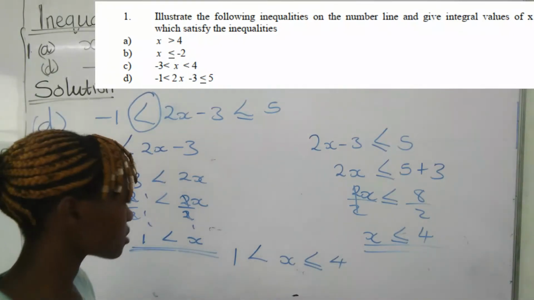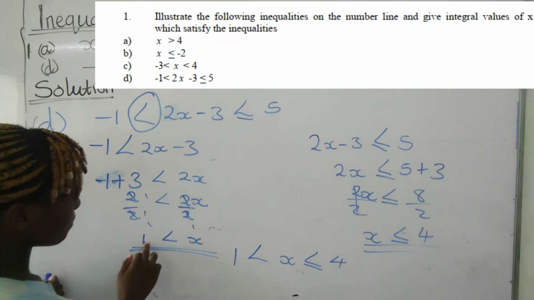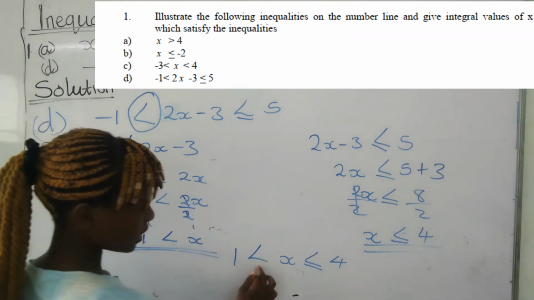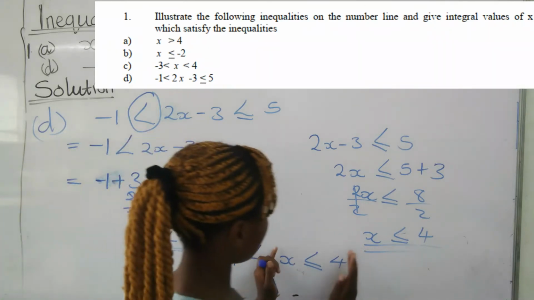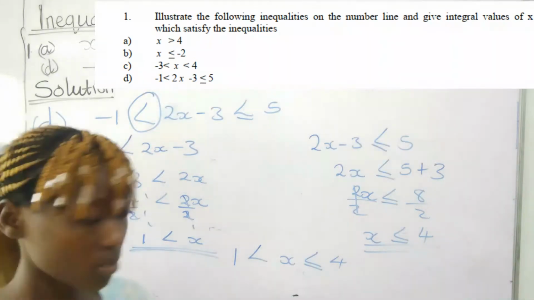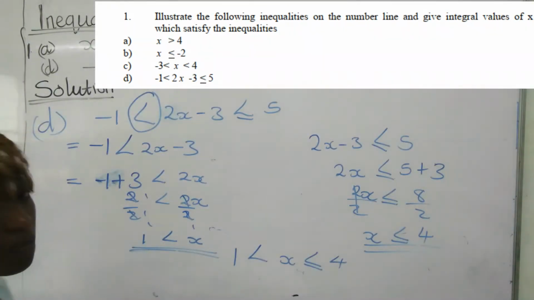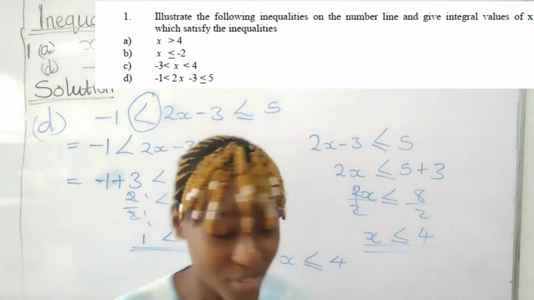So it's 1 less than x for the first part, then also for the second part, x less than or equal to 4. I hope you get it. If you have any question, please do ask and I'll be there for you.